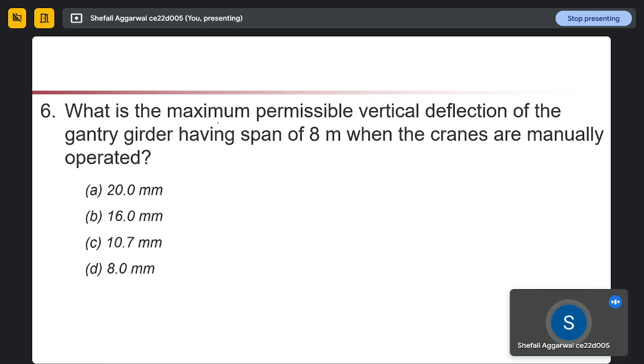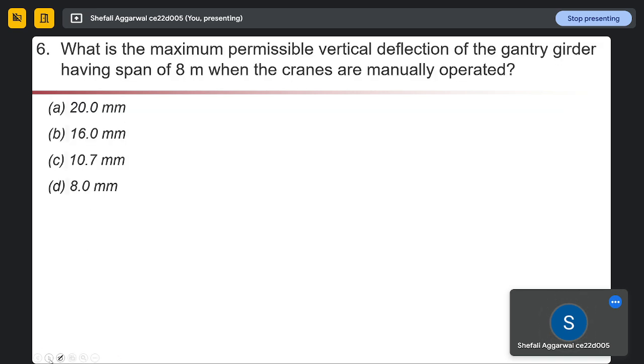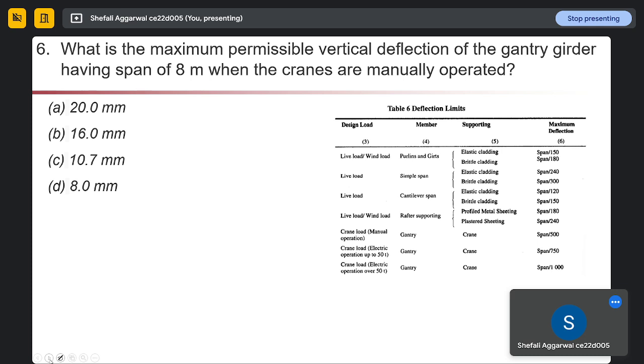Next question is, what is the maximum permissible vertical deflection of the gantry girder having a span of 8 meter when the cranes are manually operated. So again from the deflection limit table, in case of our gantry girders, these are our three gantry girder cases.